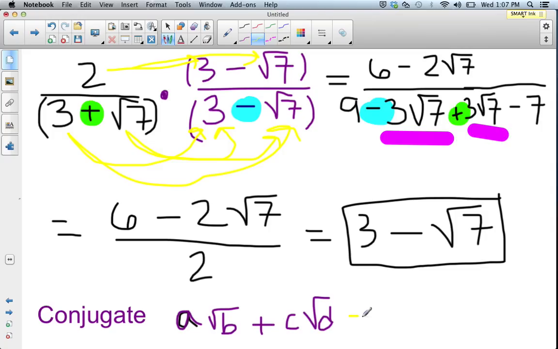So we say that the conjugate is a square root b minus c square root d.